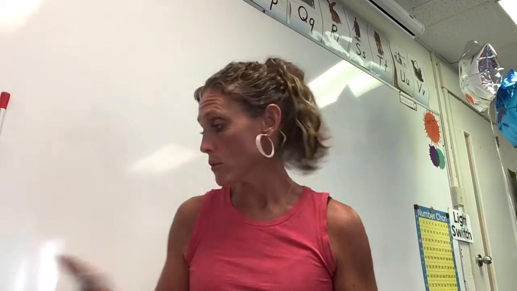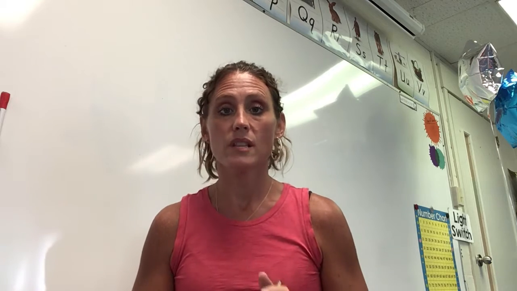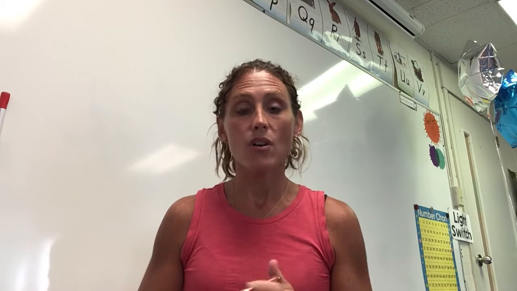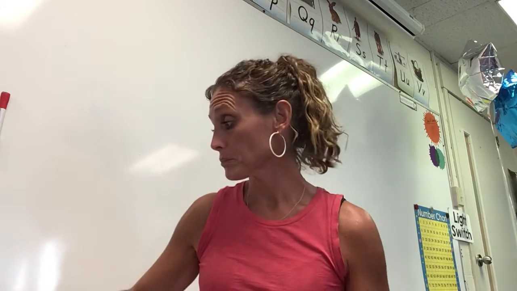Those are called digital numbers, and I know that you guys see a lot of digital numbers. They're on cell phones, they're on microwaves, they're all over the place. And so you might be used to digital numbers more than analog numbers. Okay? But what we're going to simply do today is just tell time to the hour.